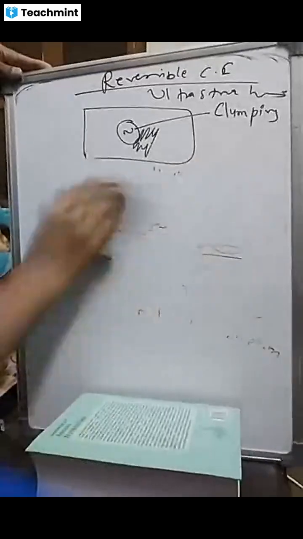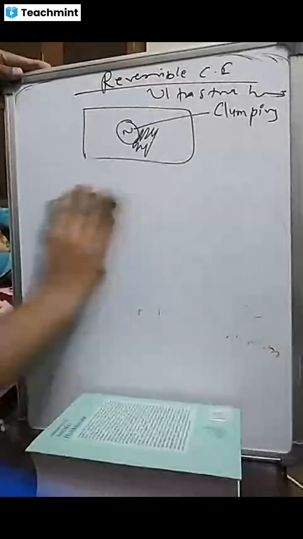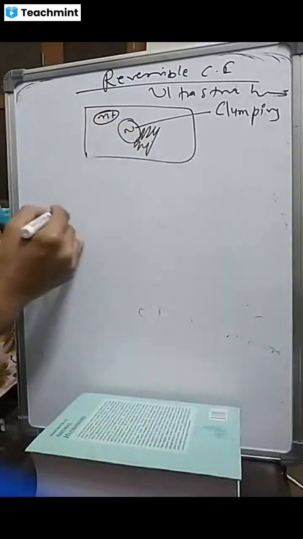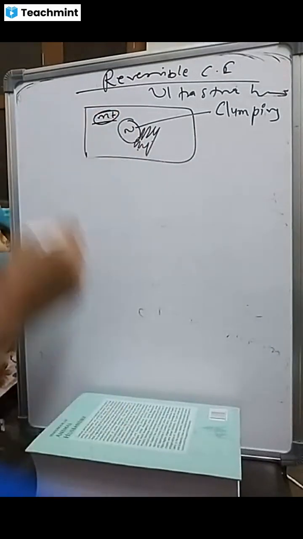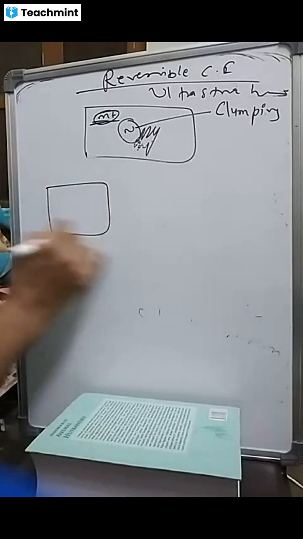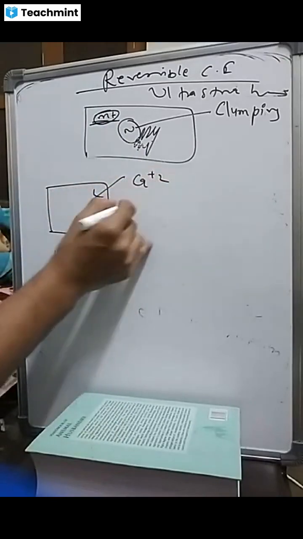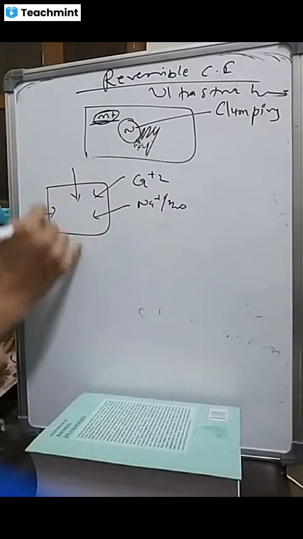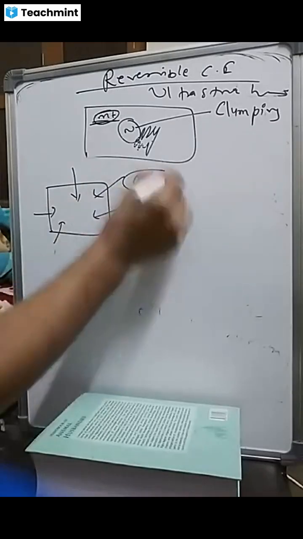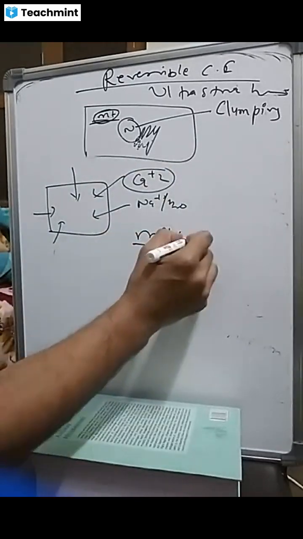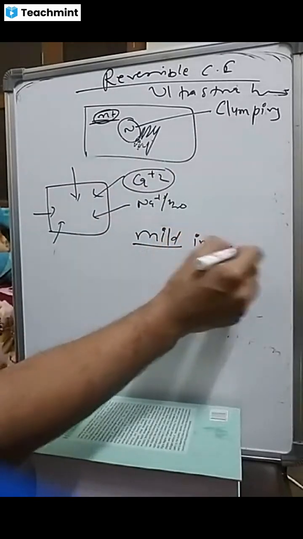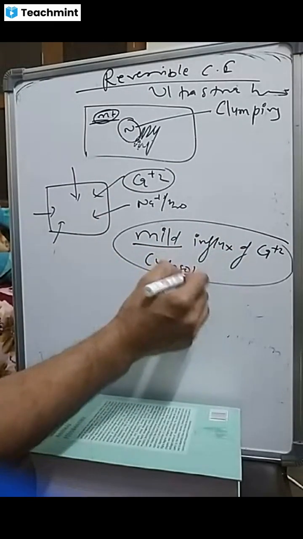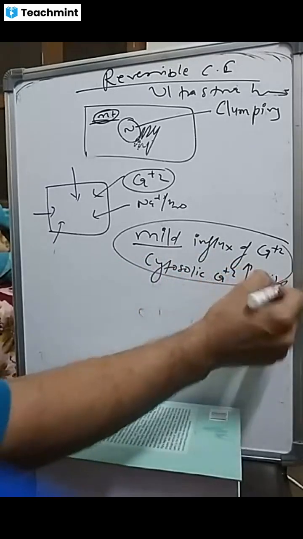Next, mitochondria. Sodium and water are entering, and there is a mild influx of calcium. So cytosolic calcium rises, but it is mild.